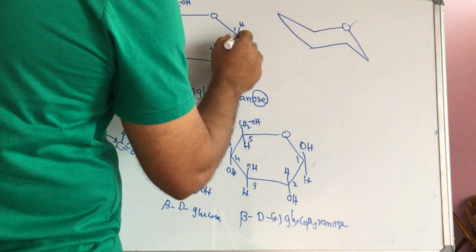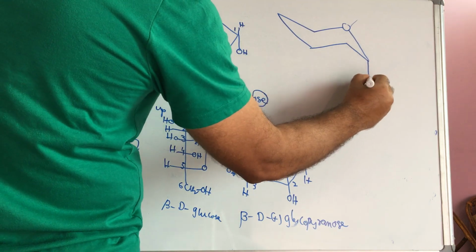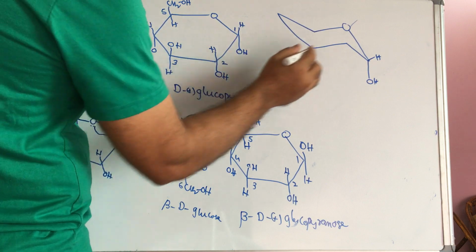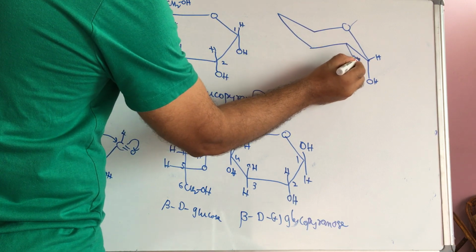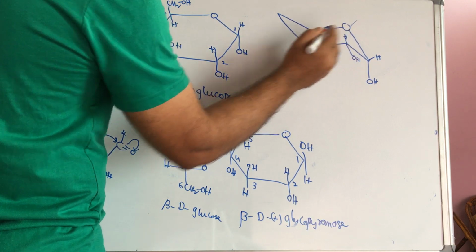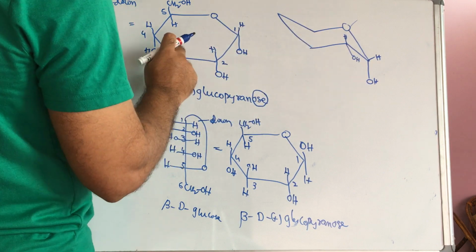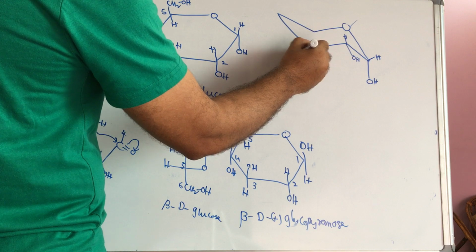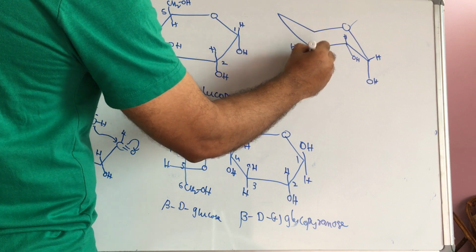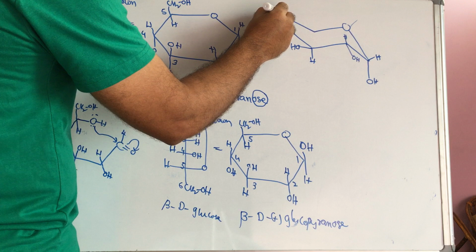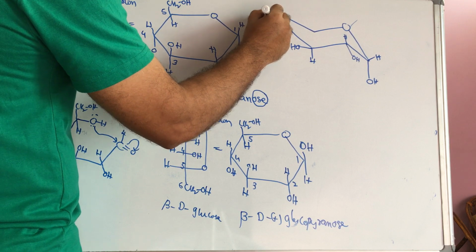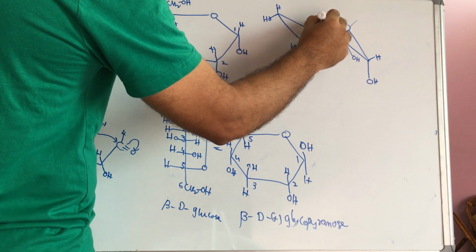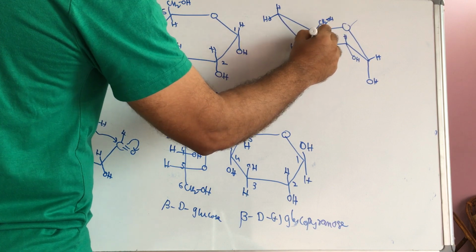Here the alpha form is present at axial position. This is equatorial position. The remaining groups we can turn to equatorial position. H is axial. Then this will be OH, equatorial, this hydrogen. This fourth position equatorial, H, and this will be CH2OH, equatorial position, this is H.